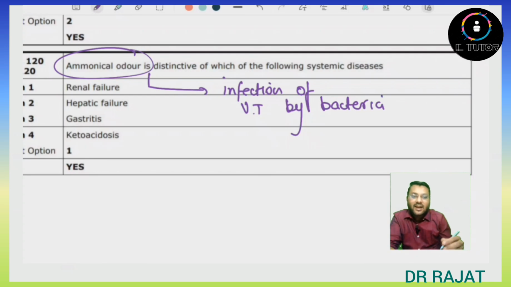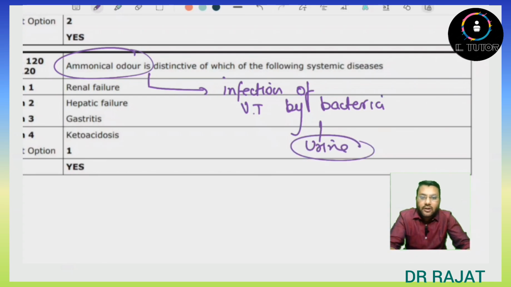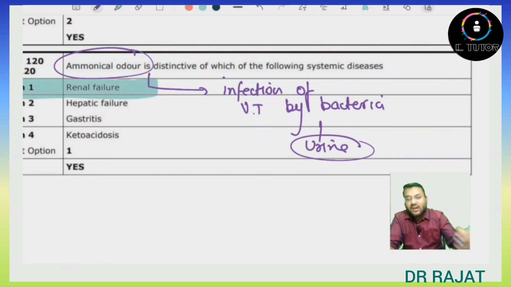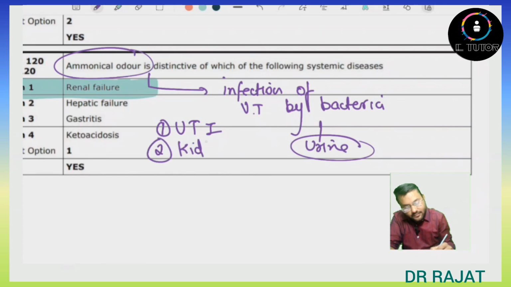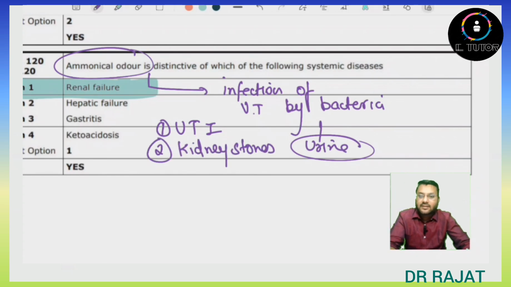So when bacteria acts on urine, it will give ammoniacal odor. So this is a disease related to renal failure. So answer will be option number A. Ammoniacal odor is seen in one is UTI, then second in kidney stones, and other renal related disease.